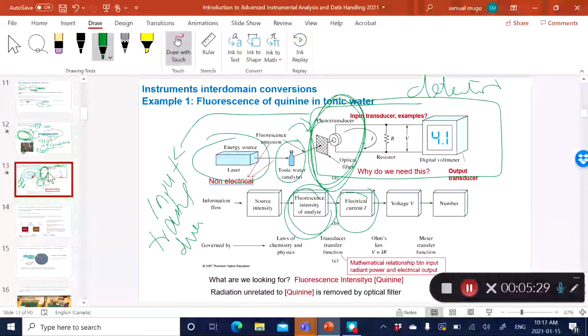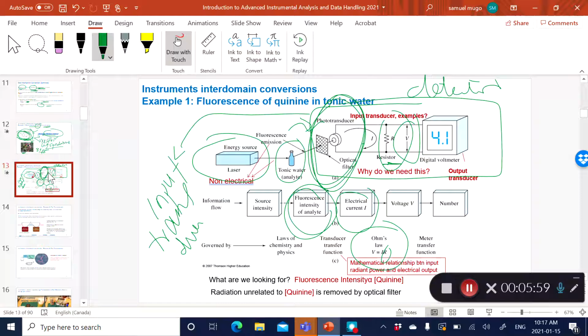And you can see again within the detector you've got a couple of transitions where the current is converted into a voltage using Ohm's law. You can see the voltage is proportional to current, with resistance being the proportionality constant. So in essence you just need to put in a resistor, and the current is now converted into a voltage.